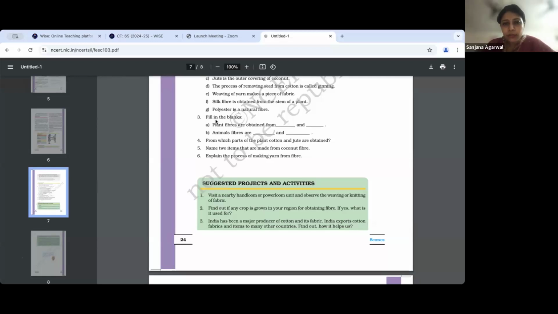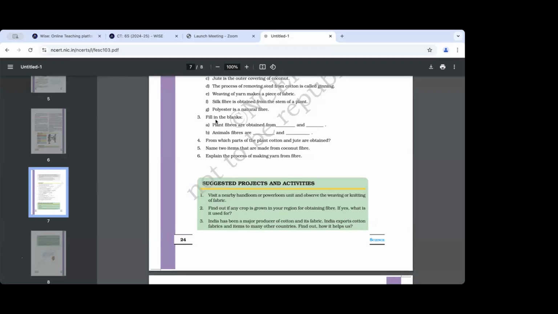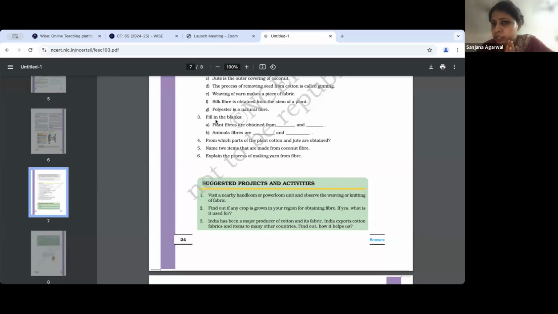Okay. From which parts of plant cotton and jute are obtained? Ma'am, flower and the stem. See, in 4th question it is asked straight from which parts we get cotton and jute. So cotton is the fruit of plant and jute is the stem of plant.